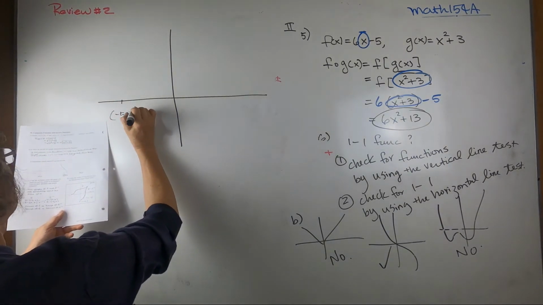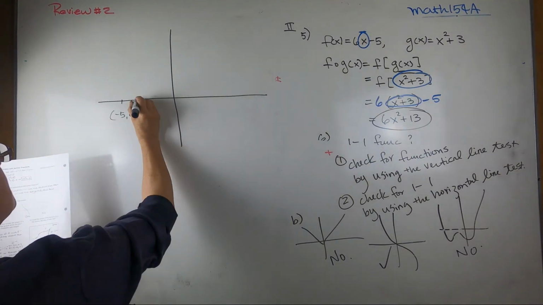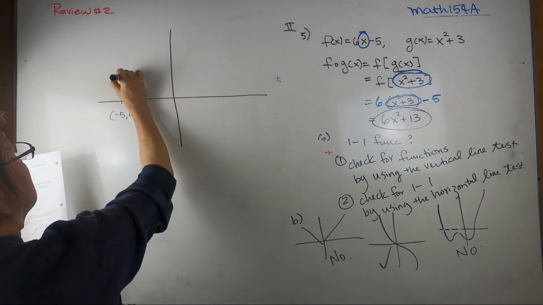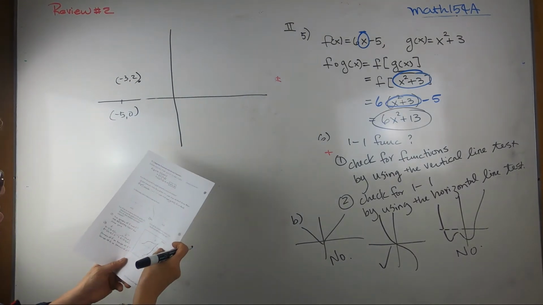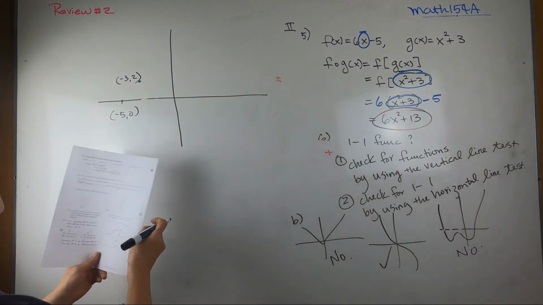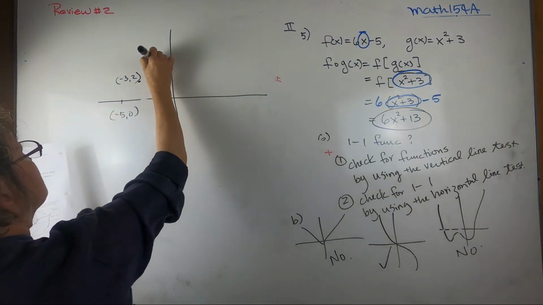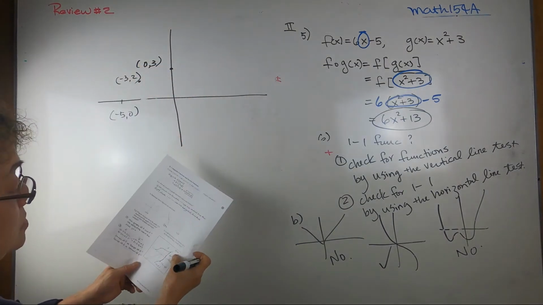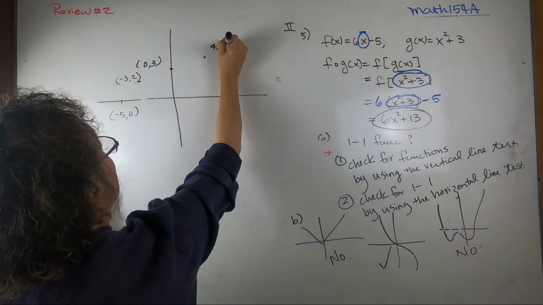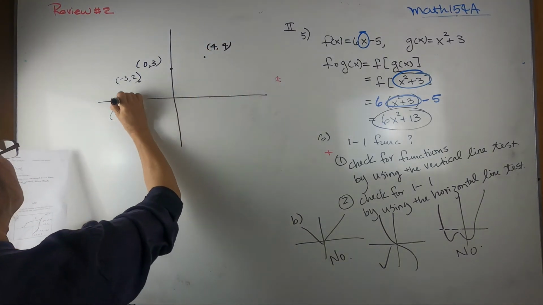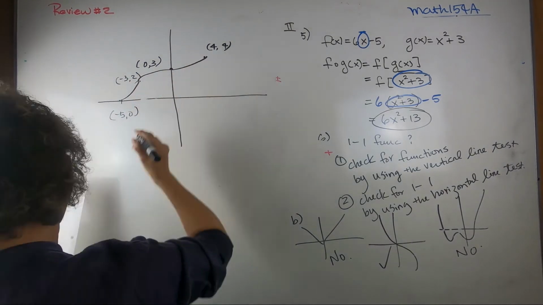Another point is -3 and 2. Then we have another point, which is 0, 3. So another point is 4, 4. So the curve looks like here, and here, and here, right?